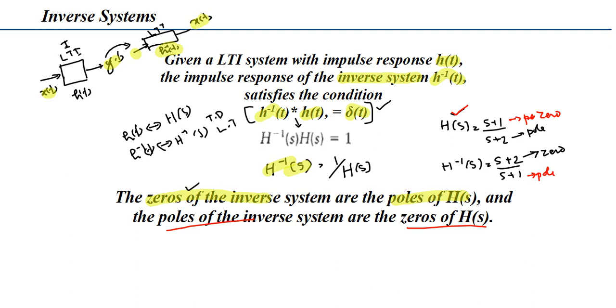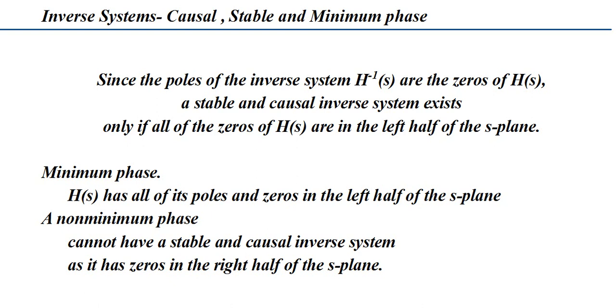Now we will discuss the properties of this particular system. First we will discuss the condition for a stable and causal inverse system to exist. We need to verify whether a stable causal inverse system exists.